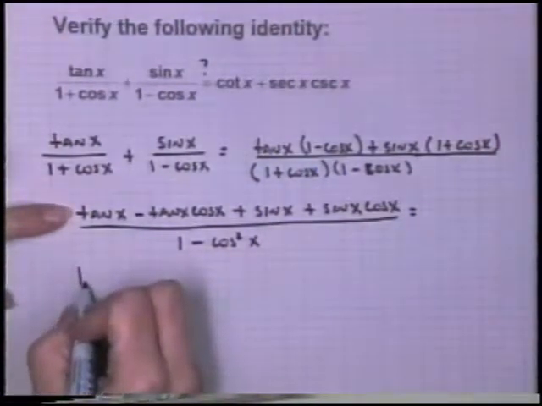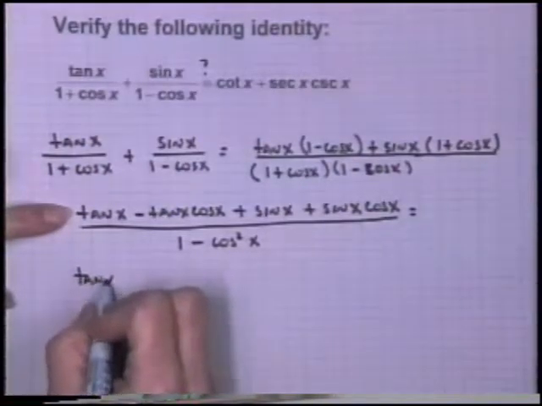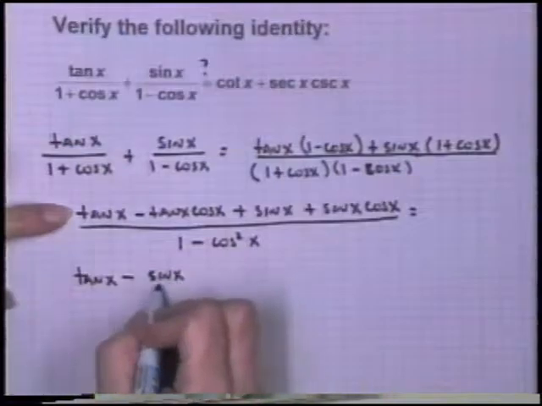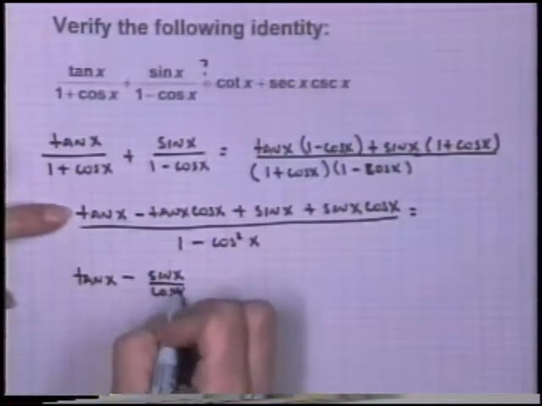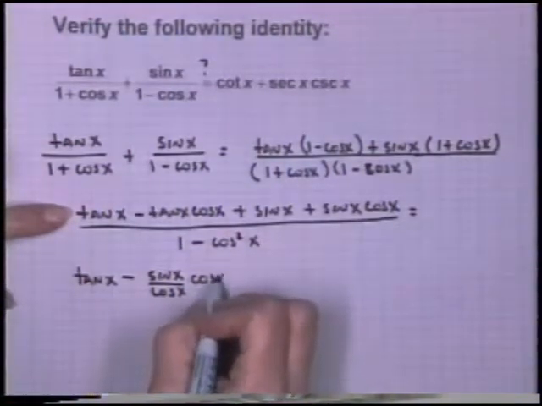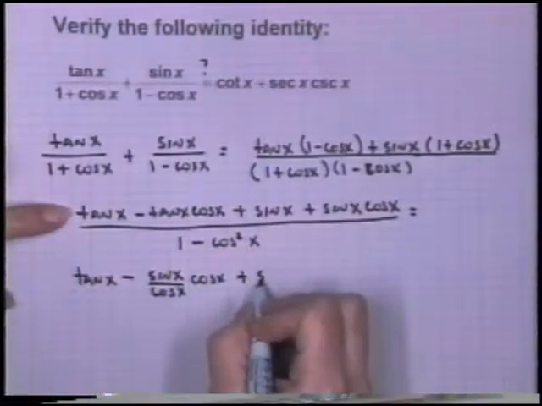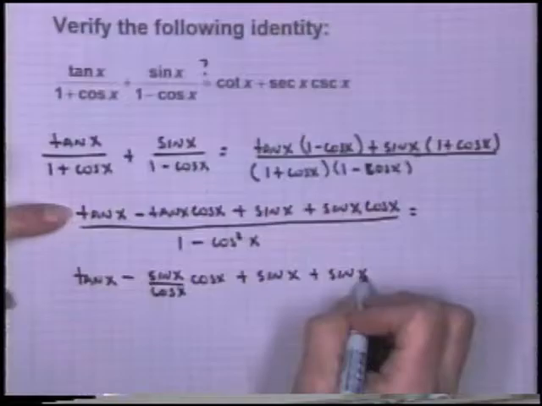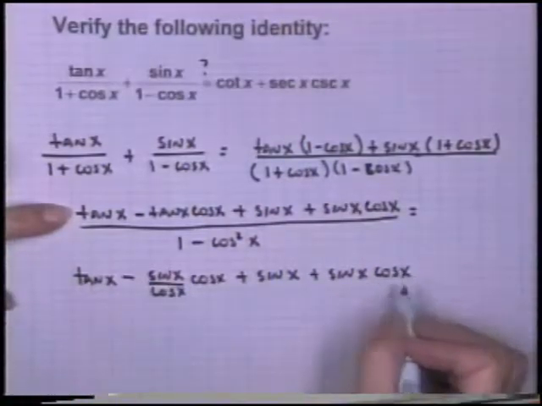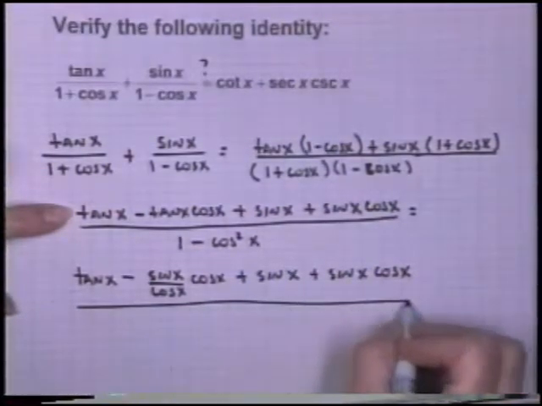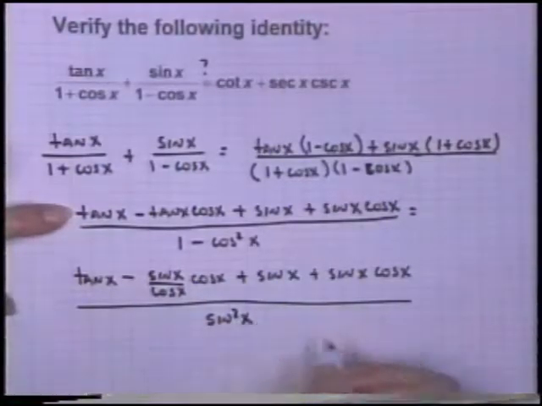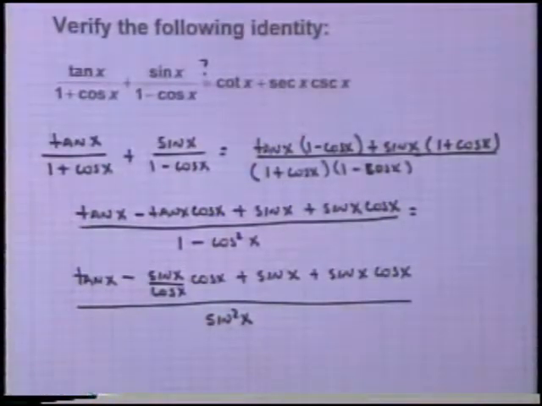Wow, looks bad, but let's see what we can do. Tangent x, let me bring that down right now. Tangent is sine x over cosine x. That's times cosine x, so we'll see what happens there in a second. I'm just recopying all this other stuff right now. 1 minus cosine squared x is sine squared x. I'm going to go ahead and put that in. Okay?